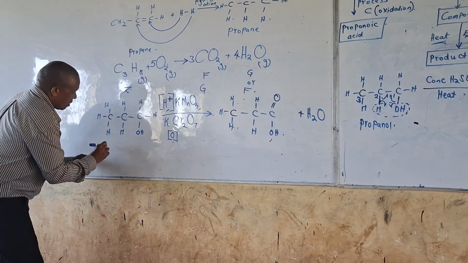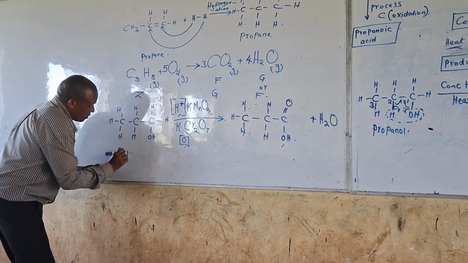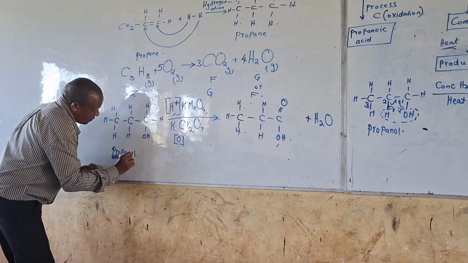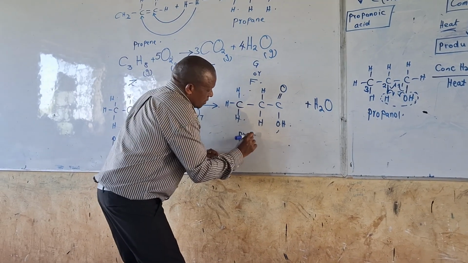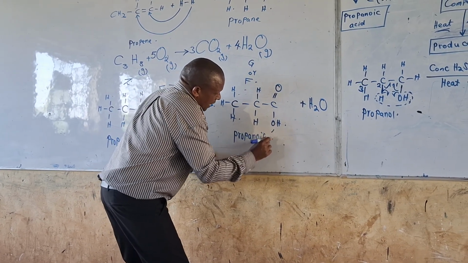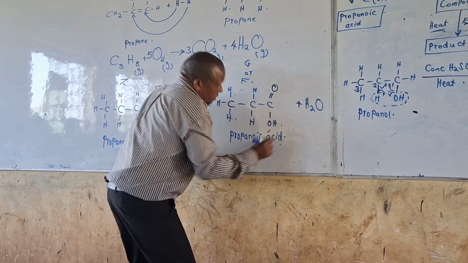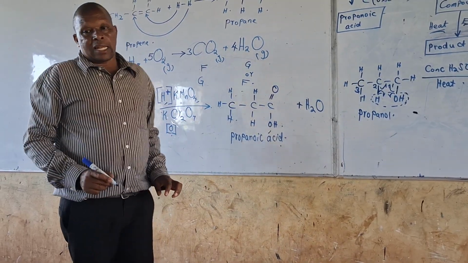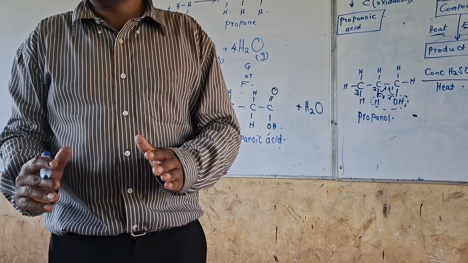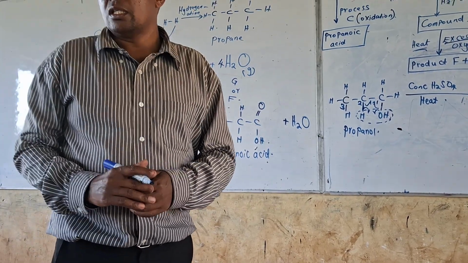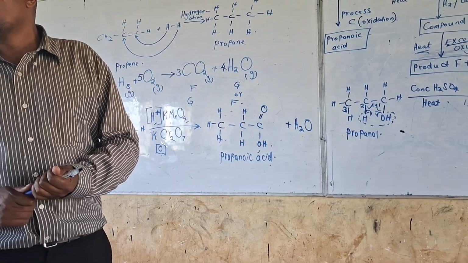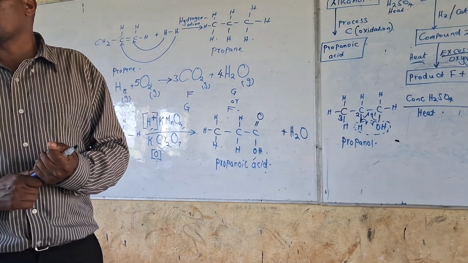This was propanol, and this is propanoic acid. So when we meet in our next class, we will look at more flow diagrams, and how we are supposed to follow the flow diagrams in answering questions.